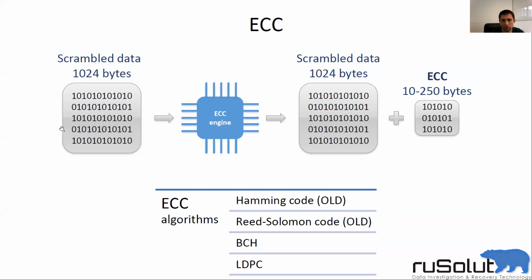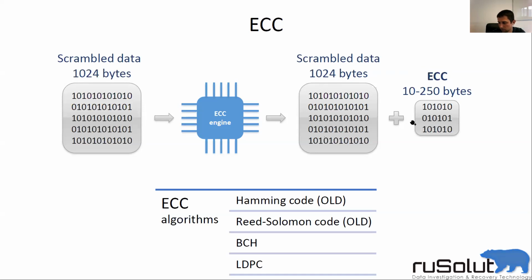When the chip works with the controller in the device, the controller does pretty much the same things. As I told you, when the controller writes data to the chip, it takes scrambled data, creates ECC, and writes it to the page. And then when the controller reads data, it does the same thing. It reads scrambled data, it reads ECC, then checks if there are bit errors, and fixes them with the ECC if it's possible.